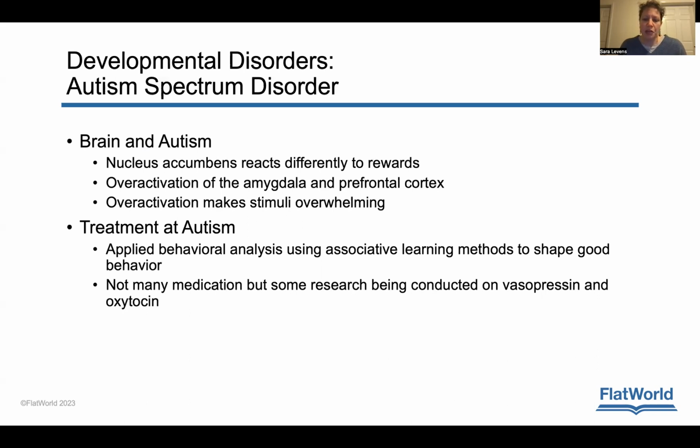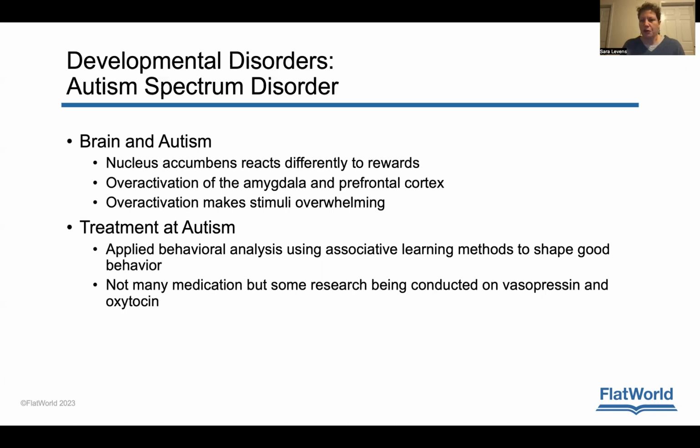Unfortunately, there's not much medication for autism, but there's some research being conducted on particular substances that may offer some relief in this area. Current work is focusing on vasopressin and oxytocin, and both of those have particular developmental periods where they can have big impacts on the developing body.